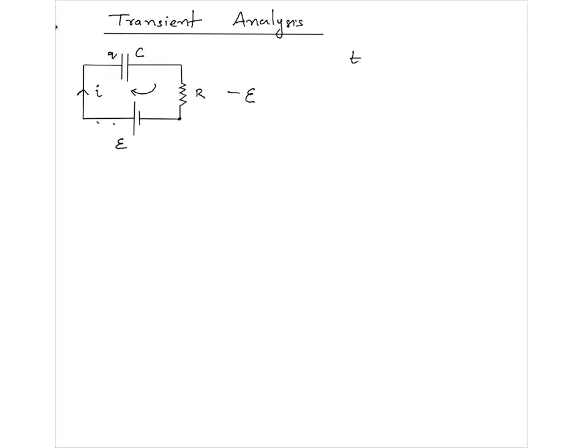This is positive, so plus q by C, and then we are going like this. Current is entering, so this must be the plus side, so it must be plus IR equal to 0, and Q is going to increase.